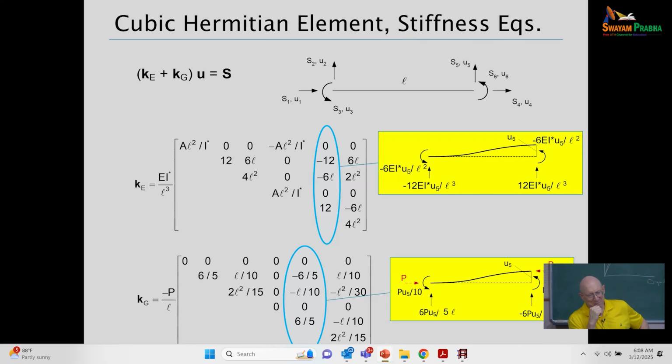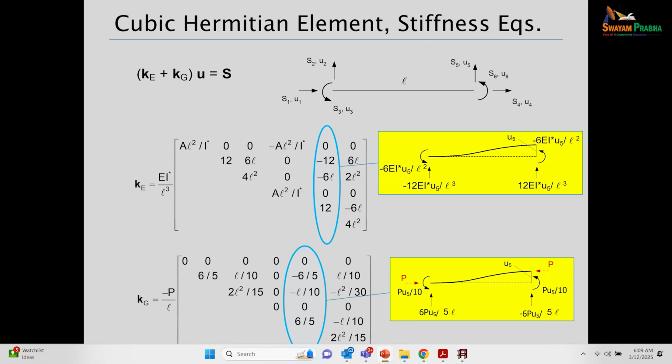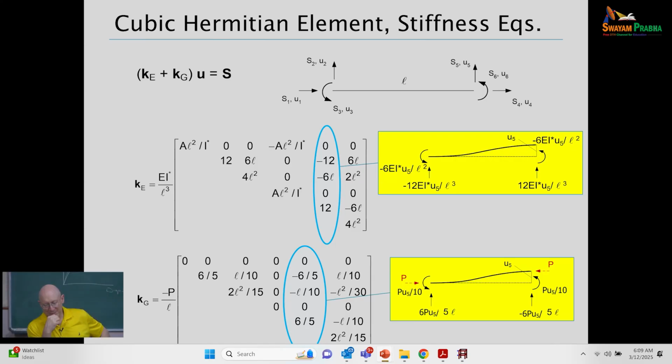Do you have equilibrium? Let's sum moments about the left-hand end in that free body diagram. What do you see? You have a clockwise moment of 6P times U5 over L, and then a counterclockwise moment on that of P over 10 times U5, and another one at the other end. So you can say, wait a minute, it's not in equilibrium.